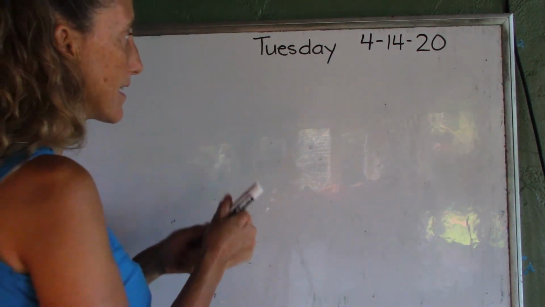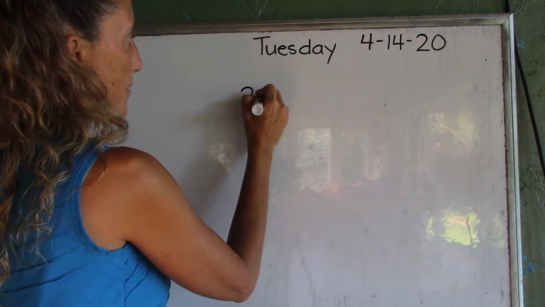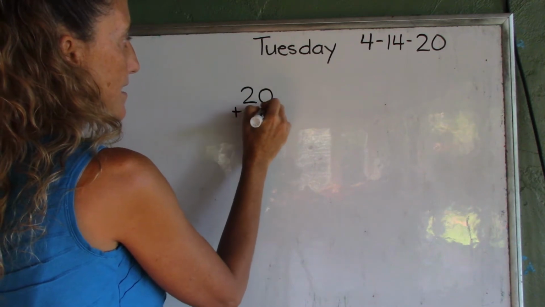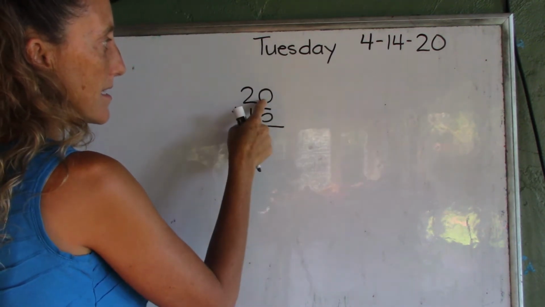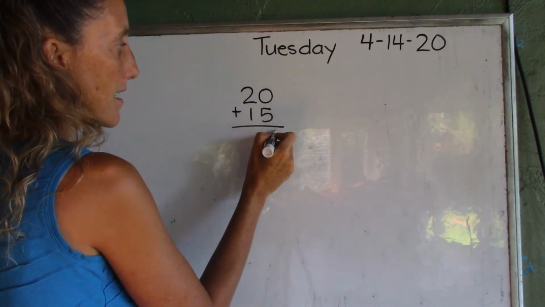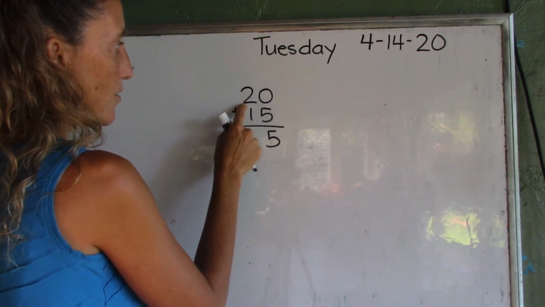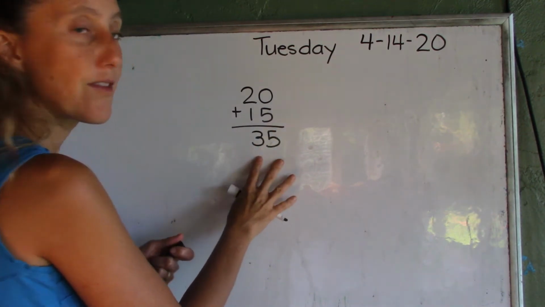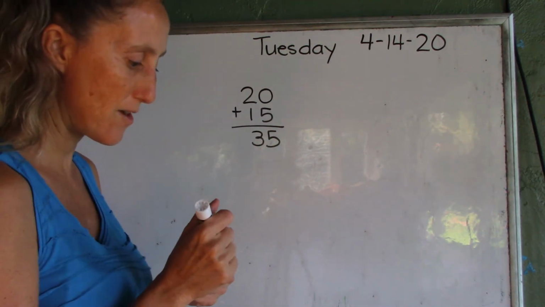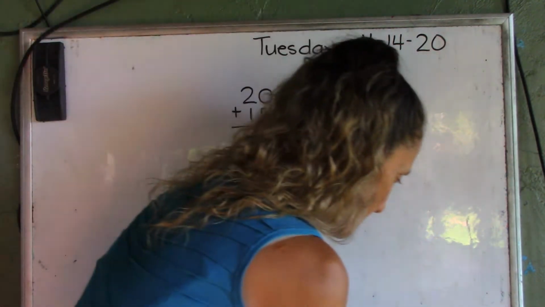We can add 20 plus 15 and see if we get 35. We'll always start on the right side. 0 plus 5 is 5, and 2 plus 1 is 3. So we have 35. We're right. We had 35 cents. So we did a good job.